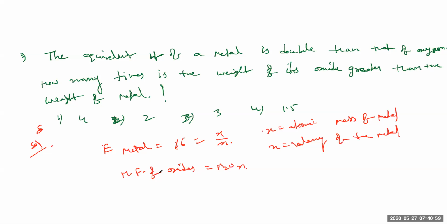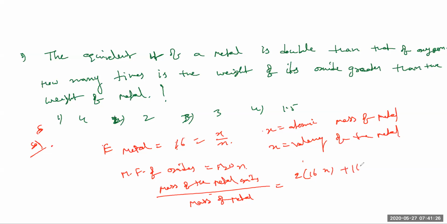So mass of the metal oxide by mass of metal is equal to (2 into 16 N plus 16 N) divided by 2 into 16 N. By calculating the N value, it becomes 1.5.